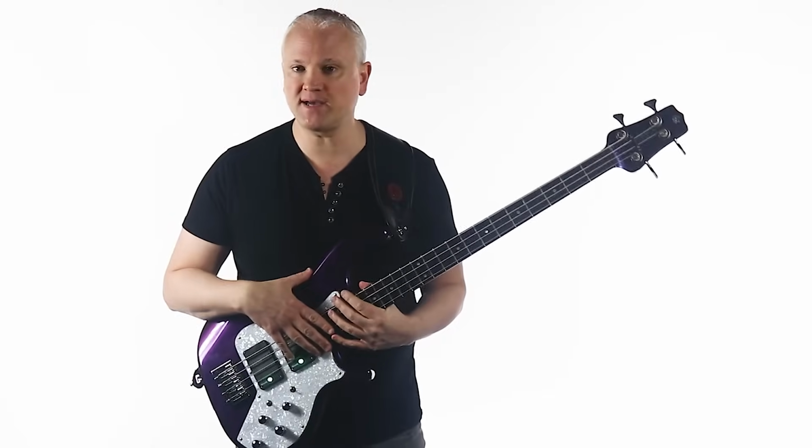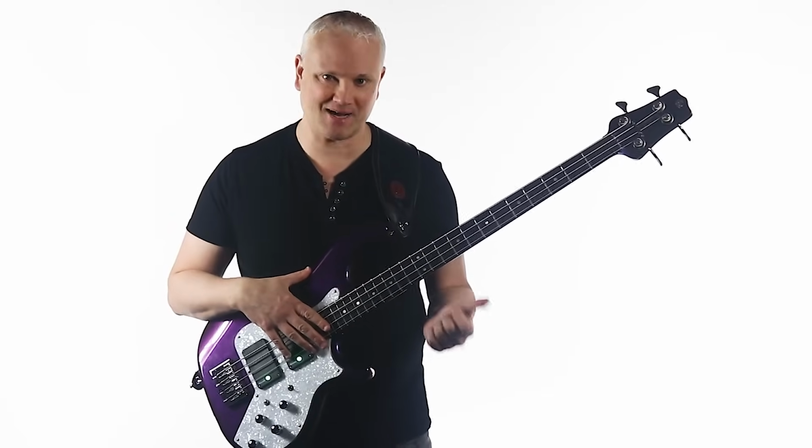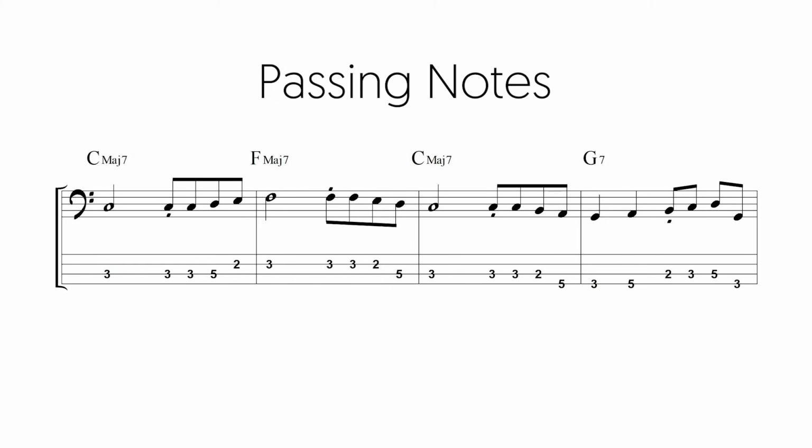So now let's try a bass line making use of some passing notes. So here you can see the line over the C major 7. We've got the root note, and then we're going to rise up through the C major scale, leading us up into the F. So 1, 2.